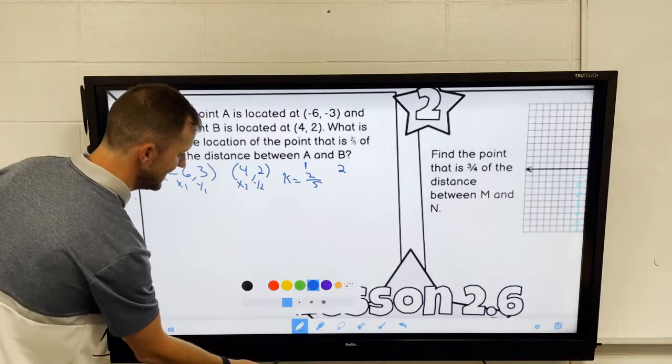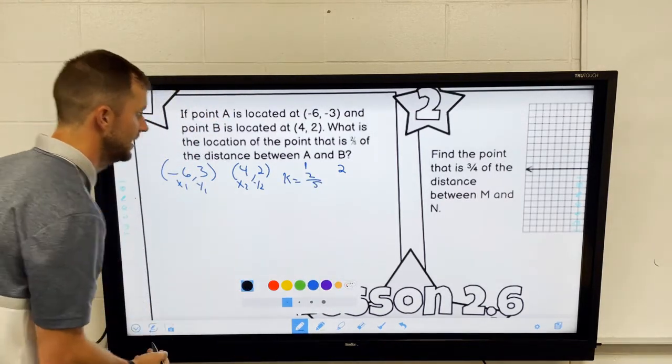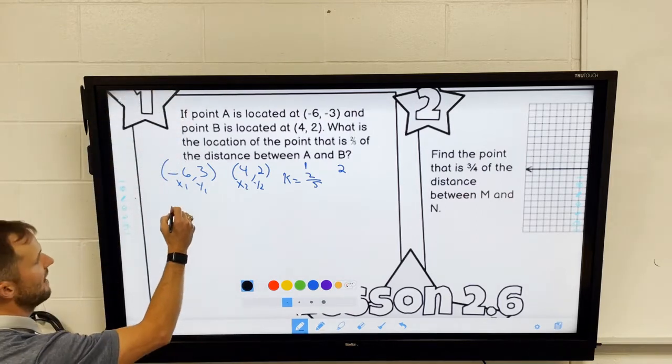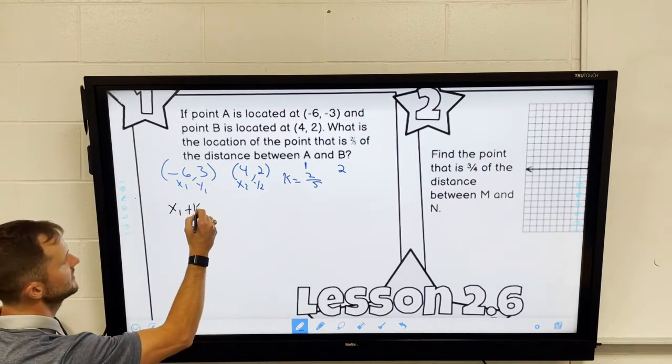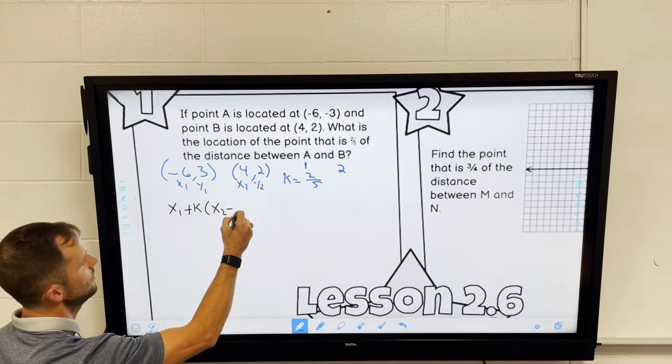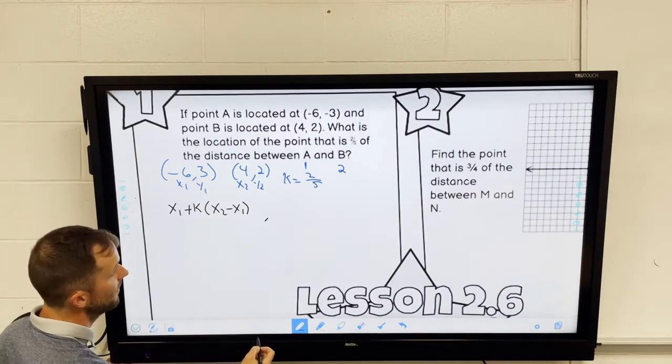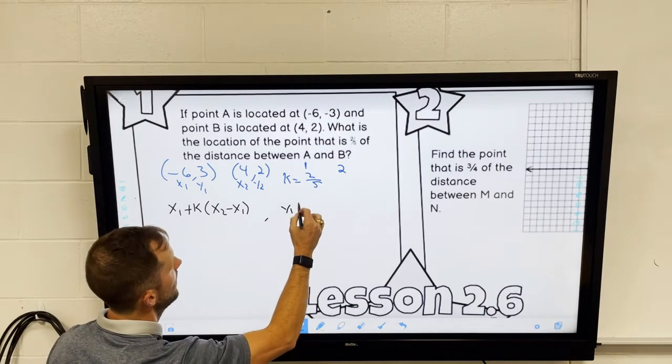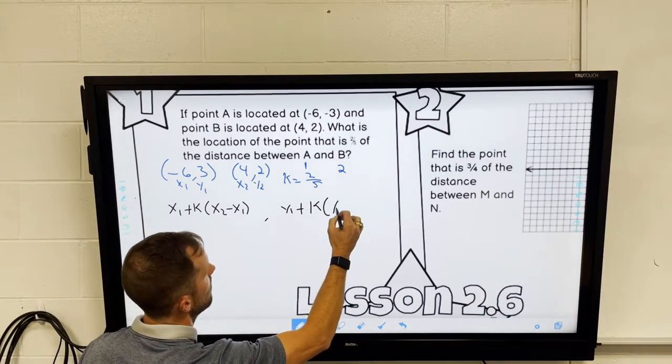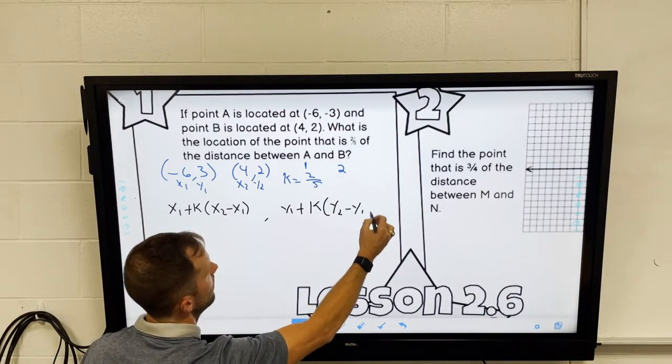Remember, we said that we have to do it twice, so let's do that here. I have x1 plus k times (x2 minus x1), comma, y1 plus k times (y2 minus y1), okay?